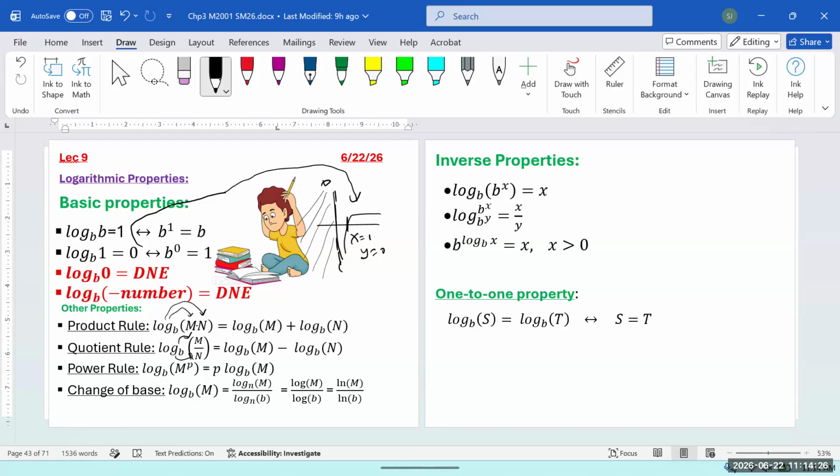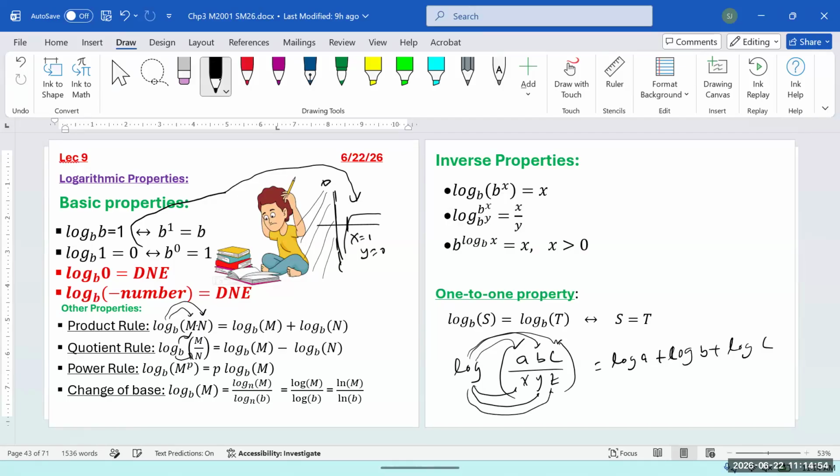In other words, if you have a numerator and denominator, for example, log of a, b, c over x, y, z, everything you have in the multiplication on the numerator will get a positive sign. So log of A plus log of B plus log of C. You distribute the log with addition signs, and everything you have on the denominator, you also distribute, but they're going to have a negative sign.